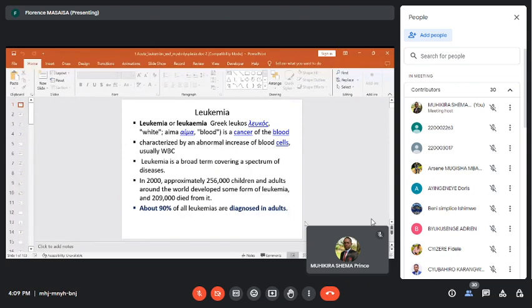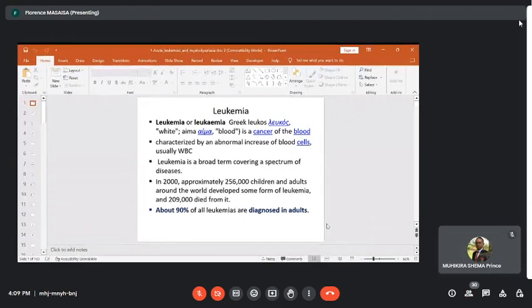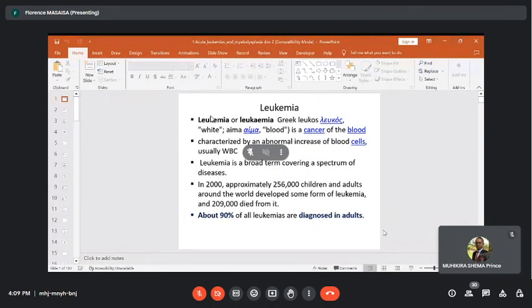Usually they call it cancer of the white cell, but these days leukemia can not only affect the white cell, it can also affect platelets and red cells.